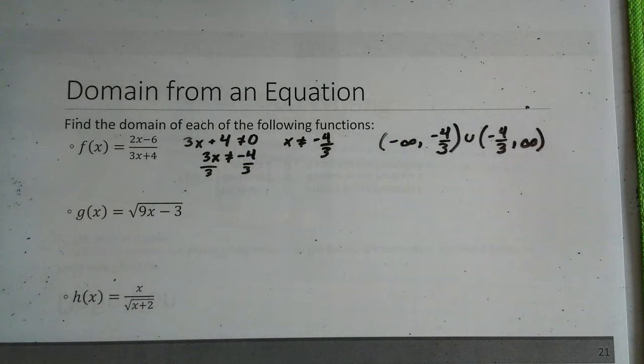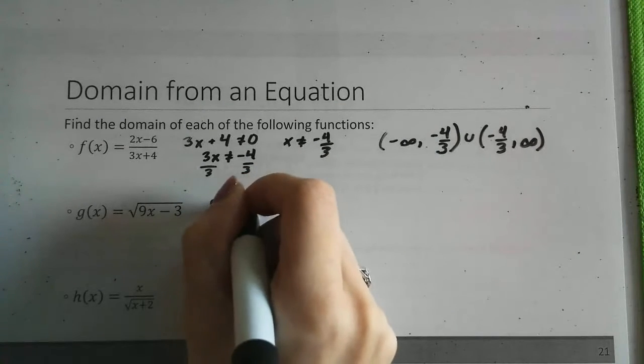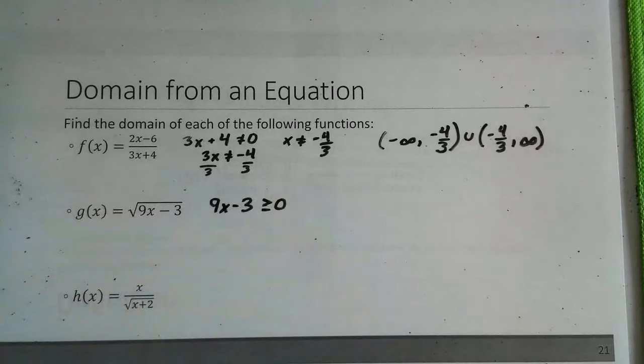Looking at the next one, we have g of x equals the square root of 9x minus 3. We don't have any fractions this time, so we jump to the fact that I see a square root here. When we have a square root, our radicand, the thing under the radical, has to be greater than or equal to 0. We can't do negatives.